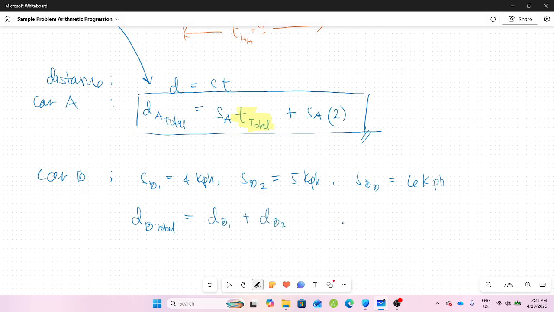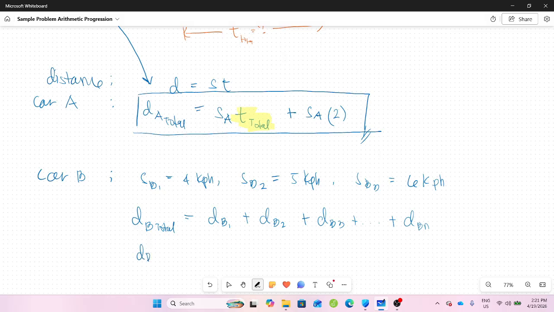We're going to assume as well that the car is traveling in a straight line, plus distance B3, and so on and so forth, because we don't know actually how long it will take for car B to reach or overtake car A.